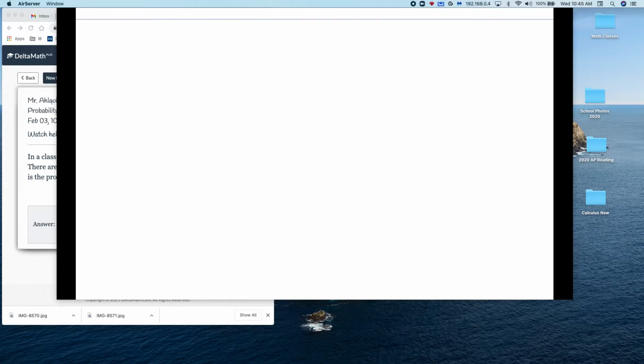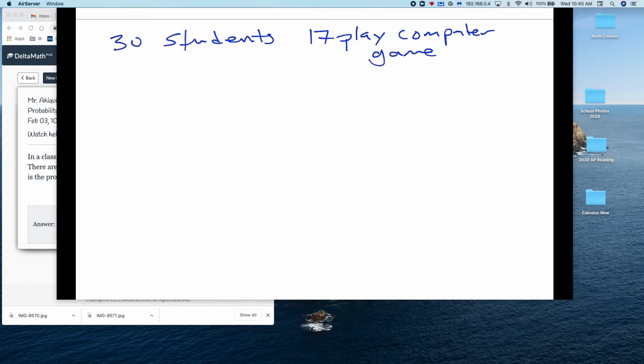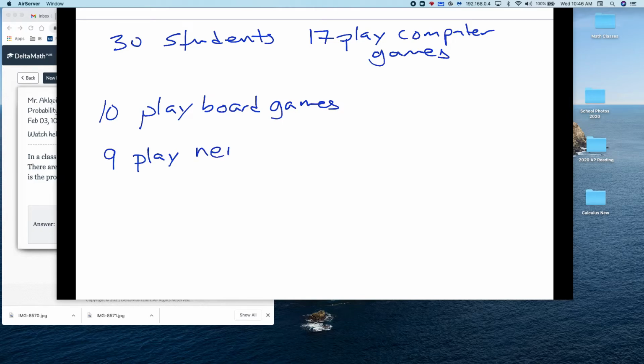So let's say I give you an example where I say 30 students, 17 play computer games, 10 play board games, and 9 play neither computer games nor board games. Okay.